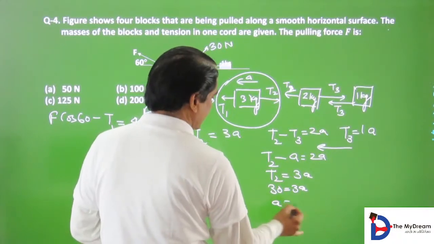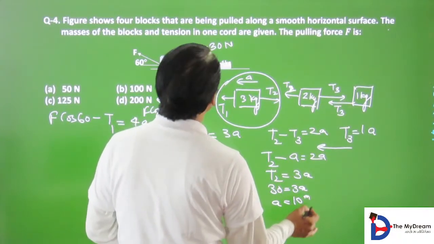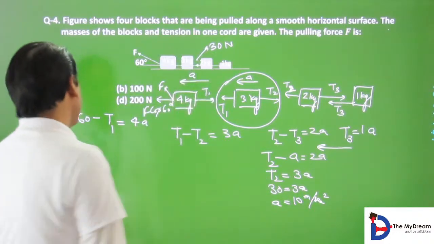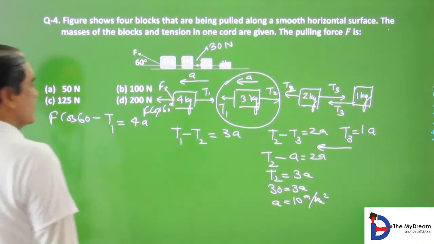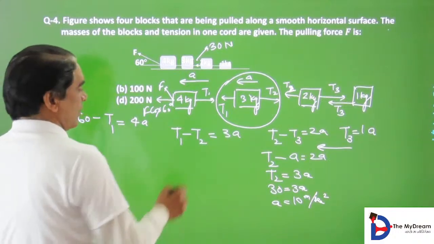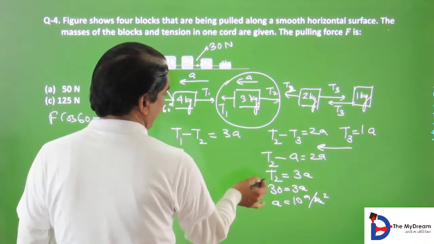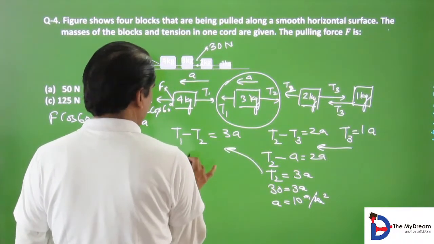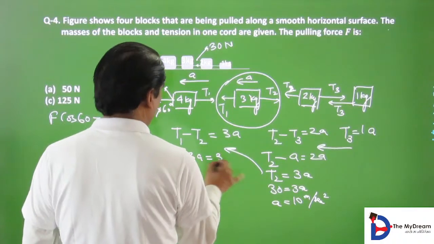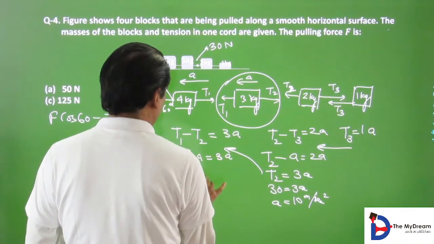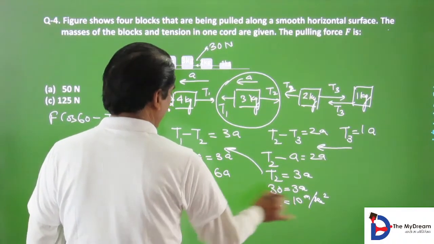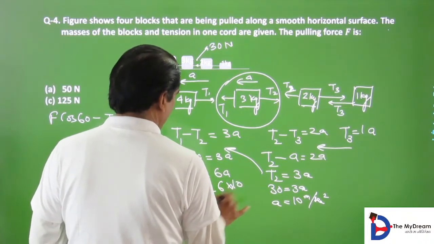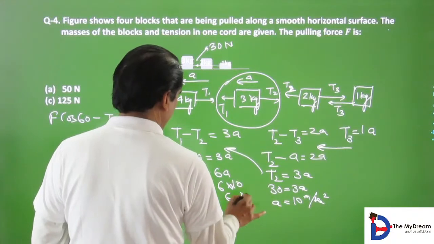So a is equal to 10 meter per second squared. Now T1 minus 3a is equal to this, so T1 is equal to 6a, and the value of T1 is 60 Newton.